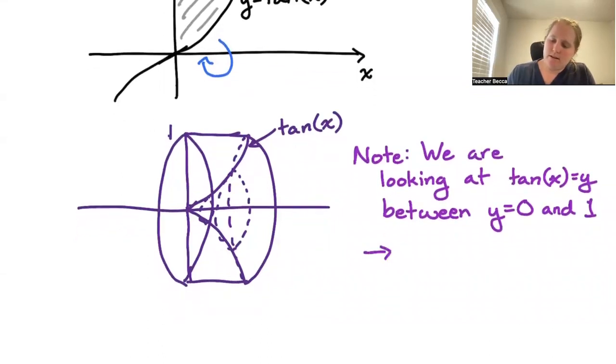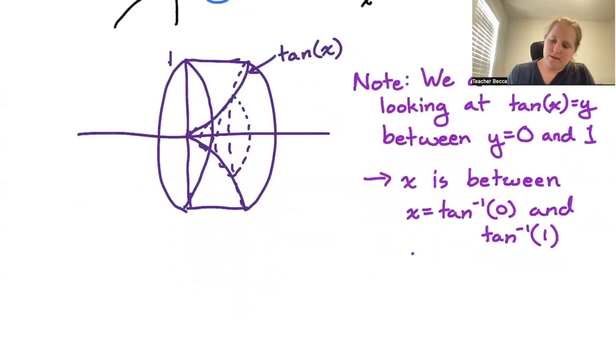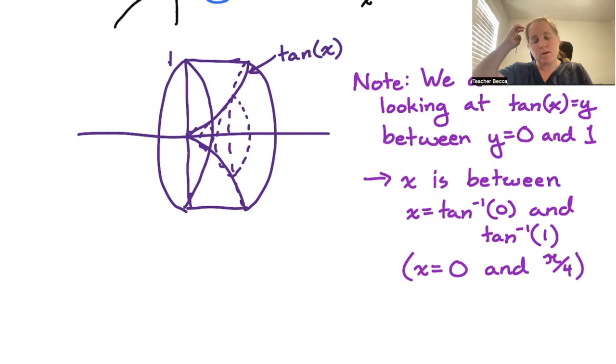So that means that x is between x equals tan inverse of 0 and tan inverse of 1. So that's x between 0 and pi over 4.